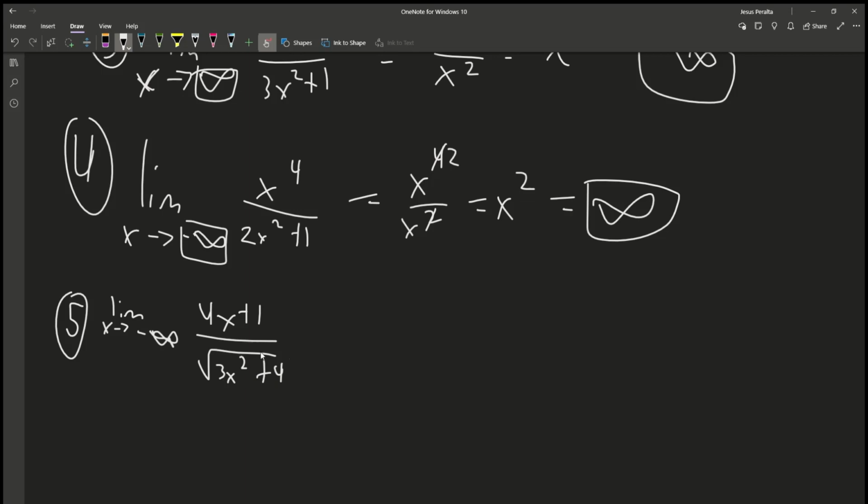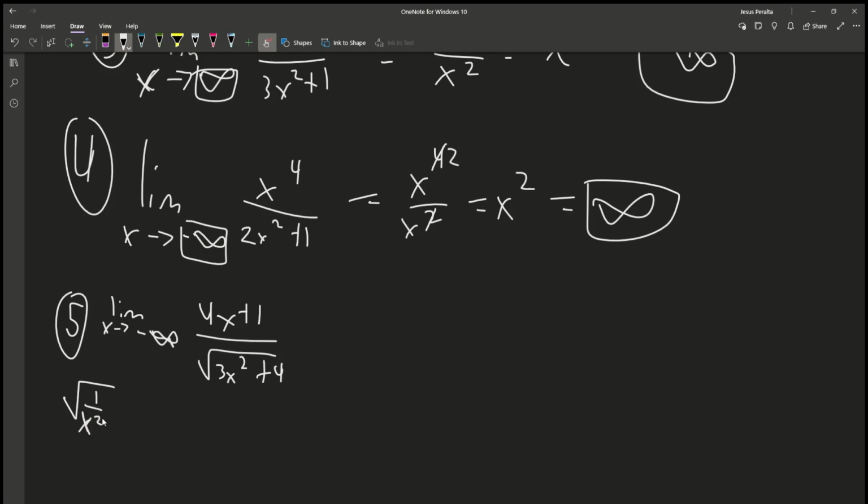So from here we learned in class that we're just going to look at the x and its exponent. So we see that we have the square root of x squared, but we are going to rewrite it like this.